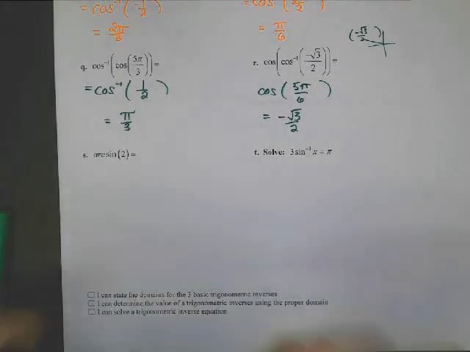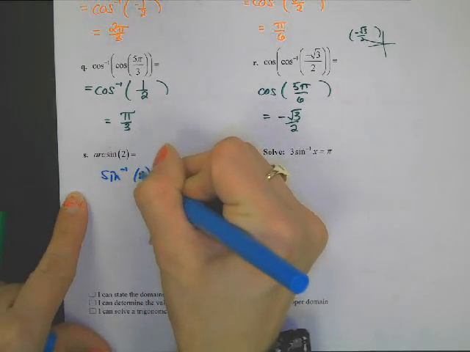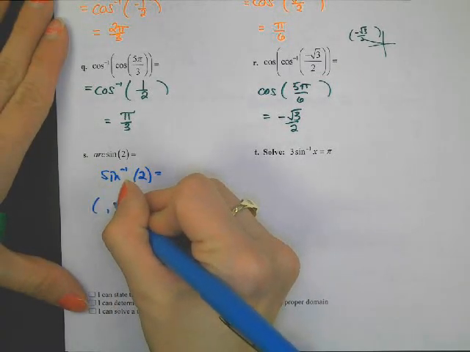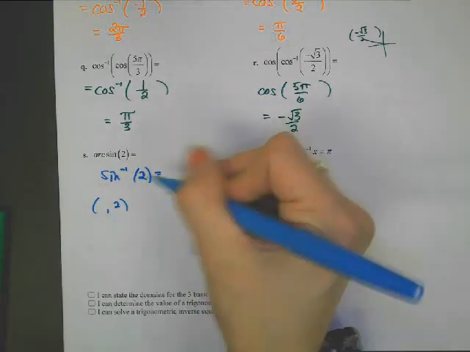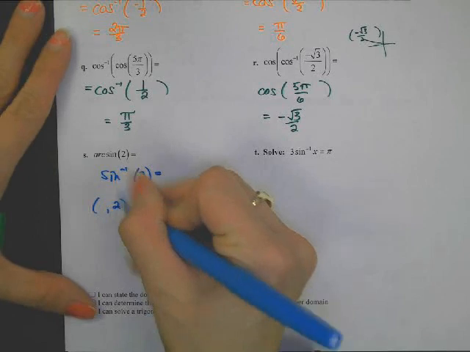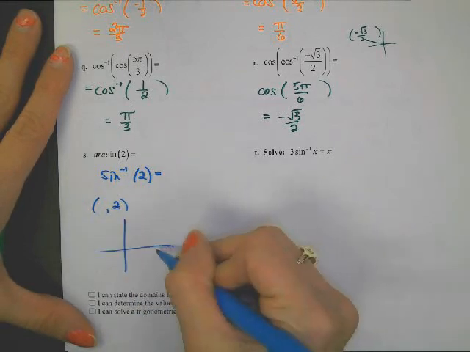If you don't like arc sine, we can change this to just say sine inverse of 2. Okay, so I'm thinking of an angle where the second number is a 2. What angle am I thinking of? Now, this is not a cosecant problem. This is just a sine problem. What if we think about a sine graph?